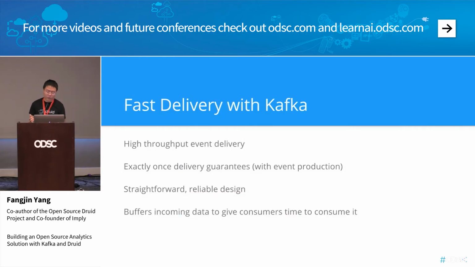Kafka has a pretty straightforward, reliable design. If you're interested, there's a lot of material online about how it works. What's really nice about Kafka is it has the ability to buffer incoming data so that consumers can consume this data at different rates and at different times as well.